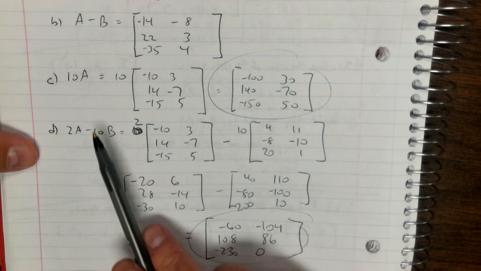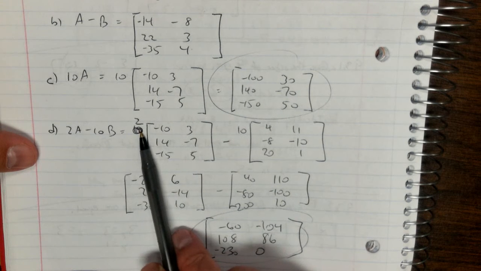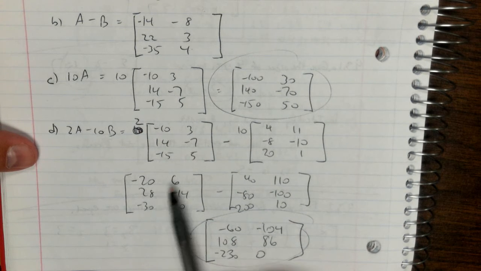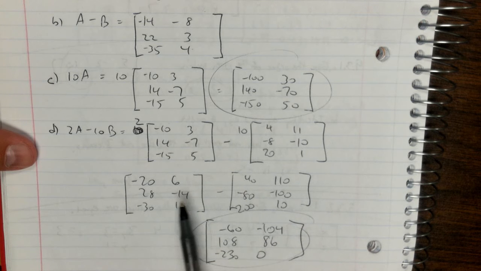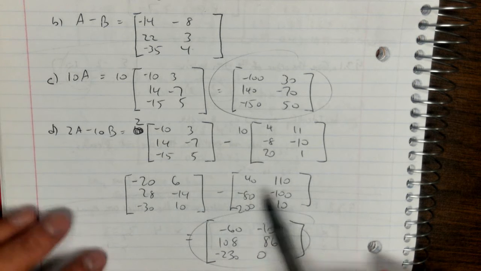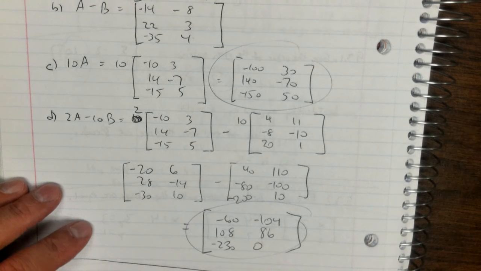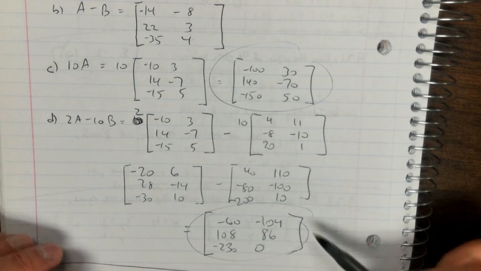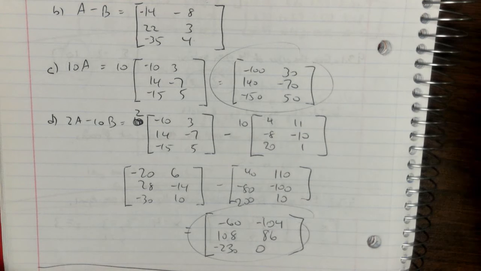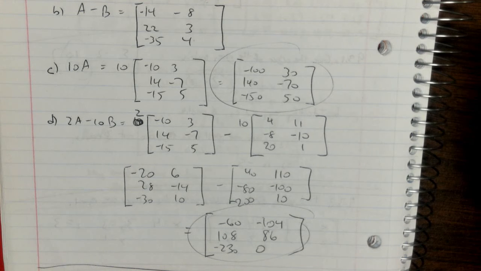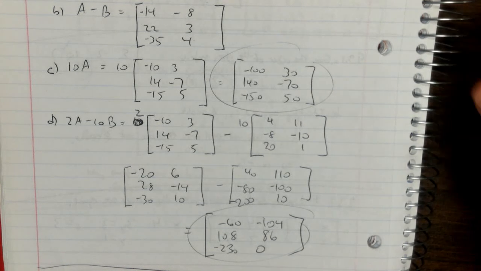And then on a problem like 2A minus 10B, I said 2 times everything, and so here's my answer, minus 10 times everything, and here's my answer, and then subtract them. So it's just extra steps. Okay, so it does take a little extra time to write down everything, but if you're just typing it in, it wouldn't be that long.